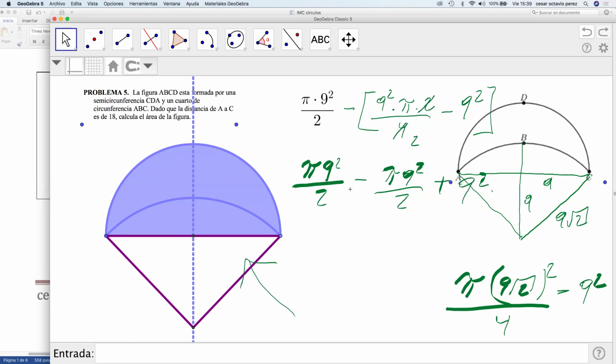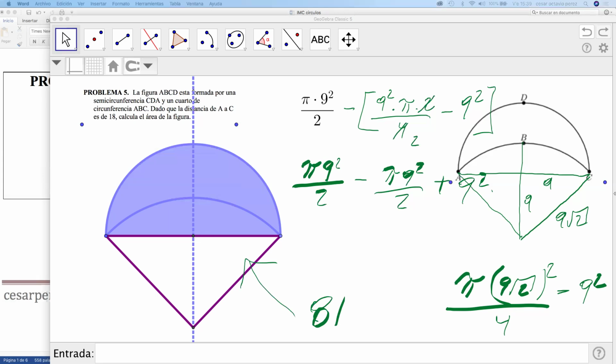So this will be 81. Okay. See, Sebastian? Sí. Okay. Here we only need to know how to build the figure. We need to find what we are going to subtract. Okay?